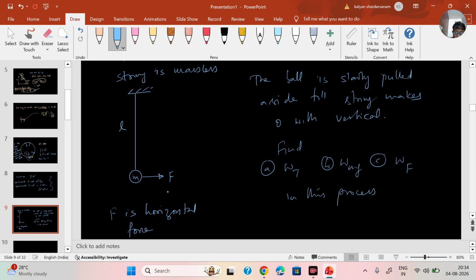F is a horizontal force, but you can adjust its value. It is a variable force. How are you taking the ball to the side? Slowly. Now we'll understand what is meant by slowly here. But he is asking the work done by tension acting on the ball, work done by mg, and work done by F. This is what he's asking.